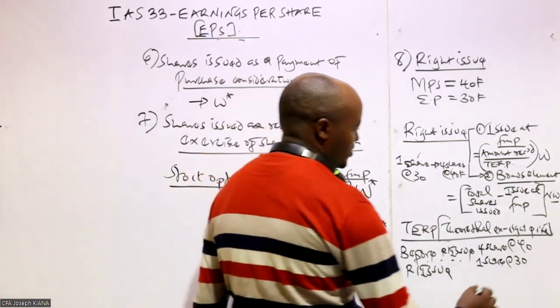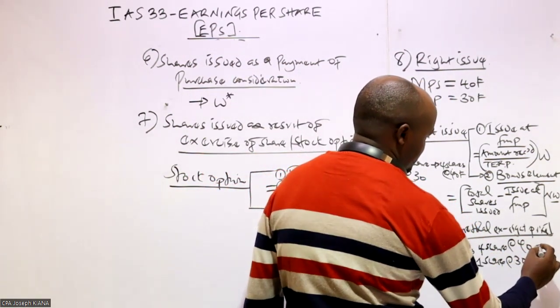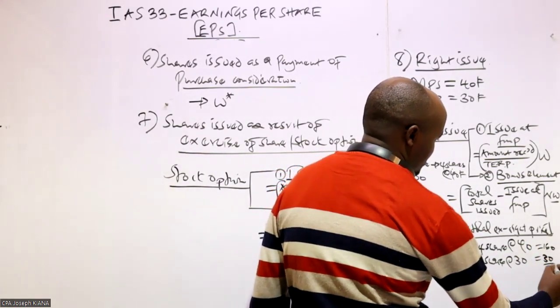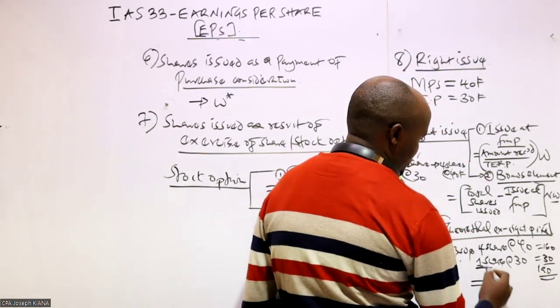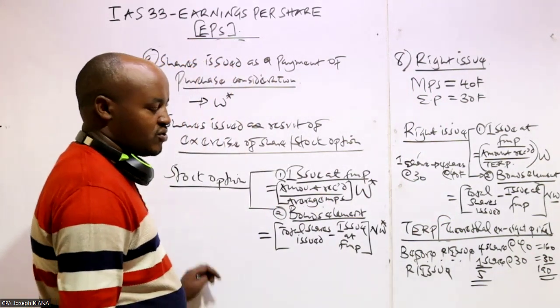So to compute the theoretical ex-right price, multiply this with this, which will give us 160. This times this, which will give us 30. You get a total here of 190. And then you take the total number of shares which you will be holding as a shareholder, which will be 5.